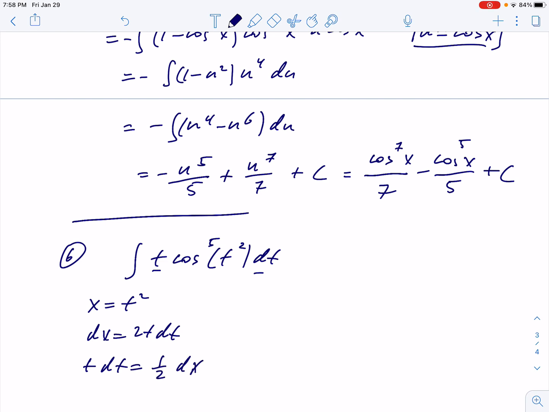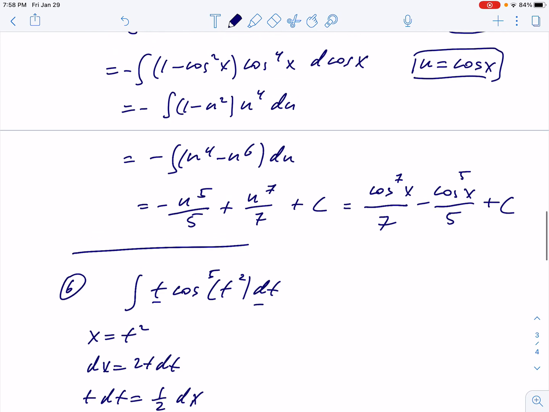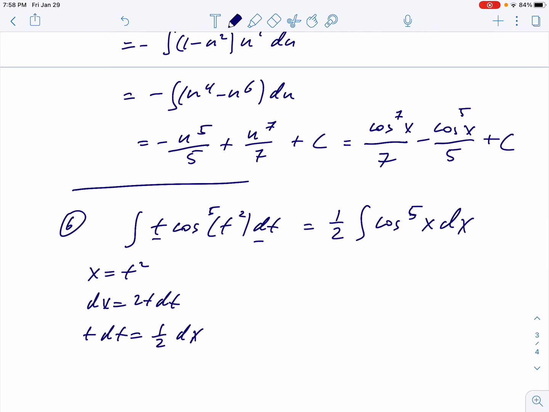So we substitute t dt by this. The integral becomes 1/2 outside, cosine 5th power x dx. So how to deal with this? We shall do the same approach that we used for cosine cubed.